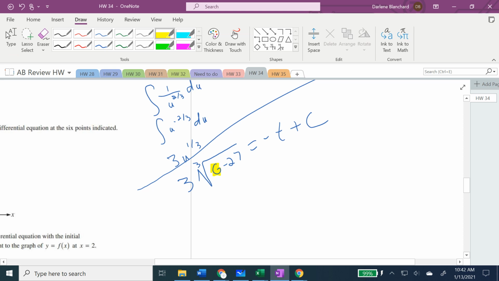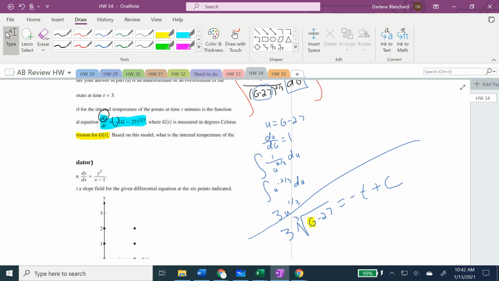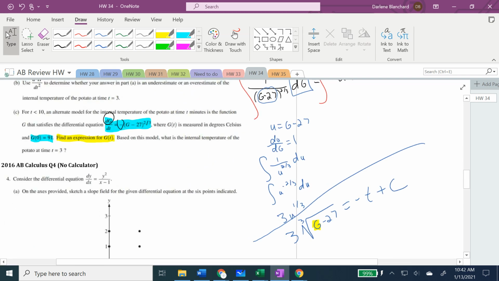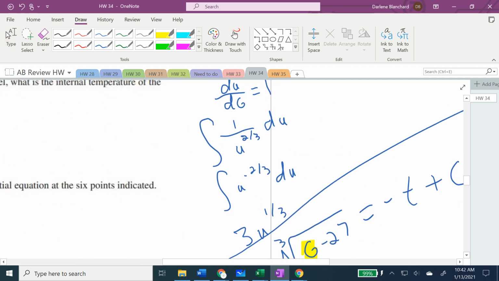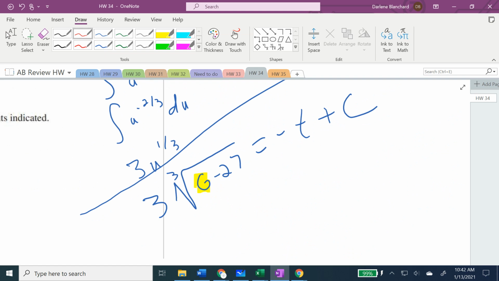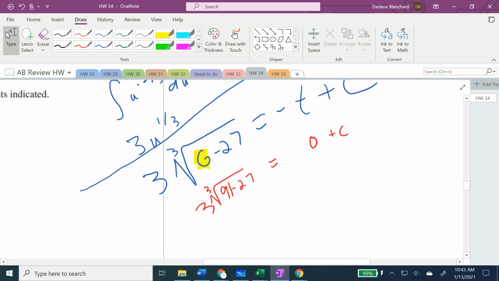In this situation, I would find the c first. So I'm going to take my point of when t is 0, g is 91. And 91 minus 27 takes me to, help me out, people. 91 minus 27.